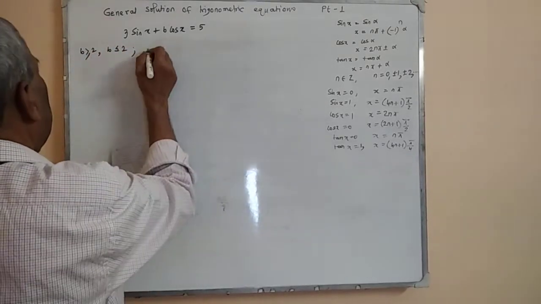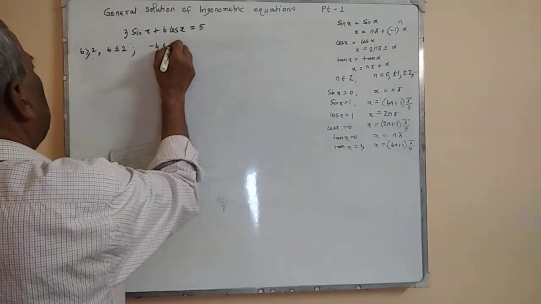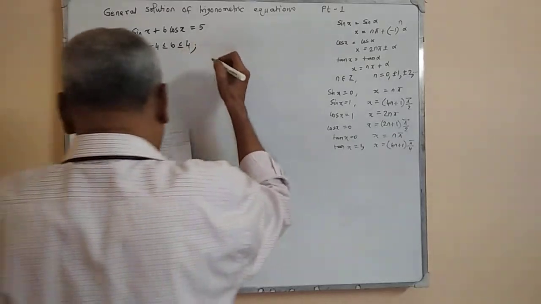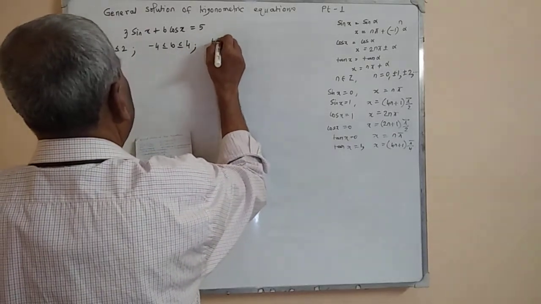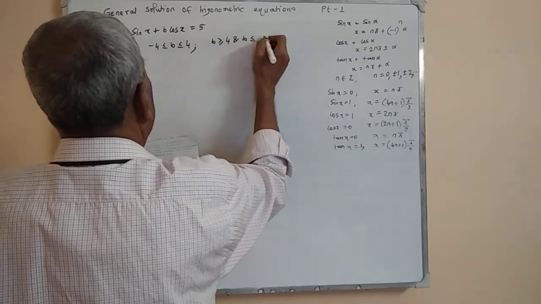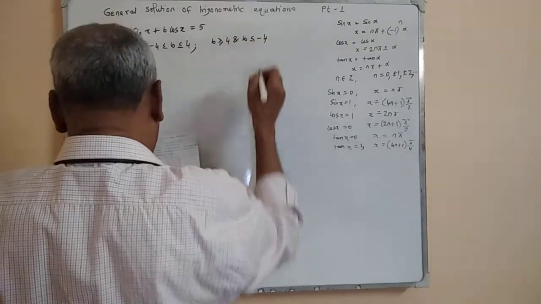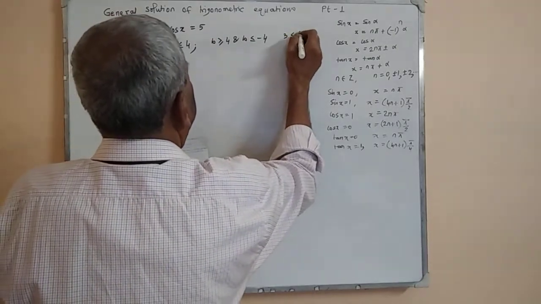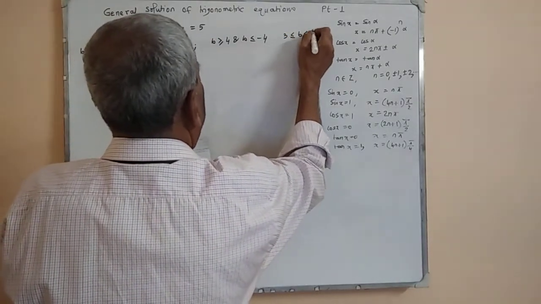Second option is -4 less than or equal to b less than or equal to 4. Option C is b is greater than or equal to 4 and b is less than or equal to -4. And fourth option is 3, 5.